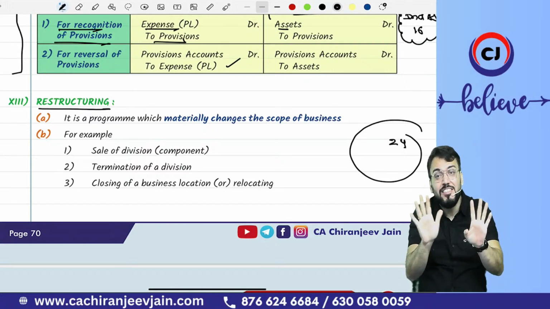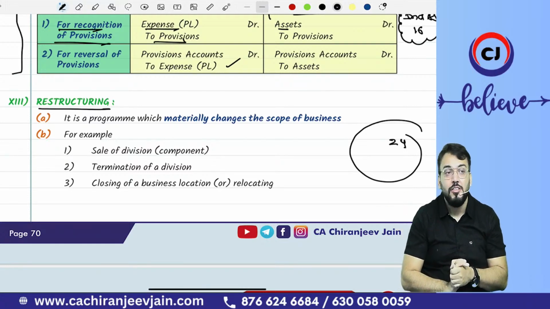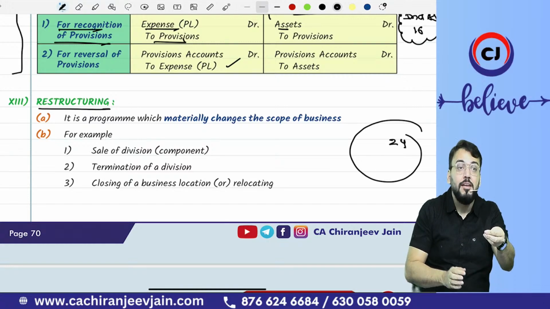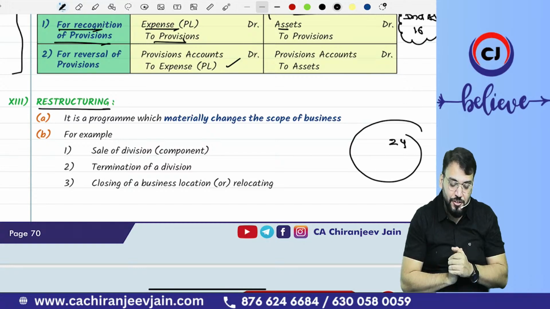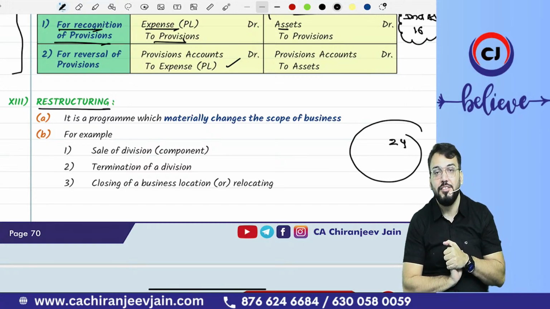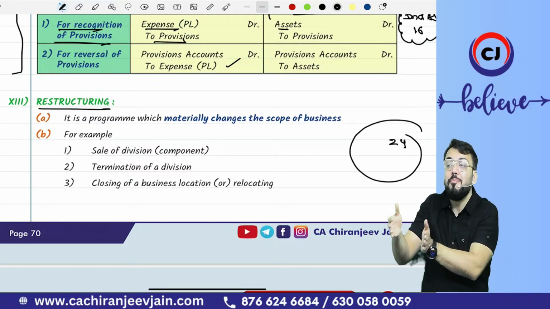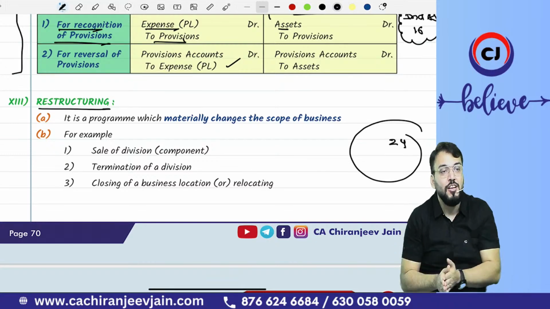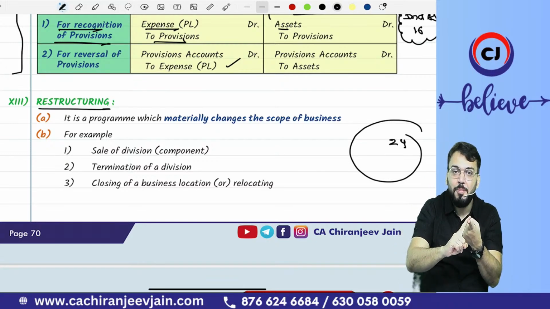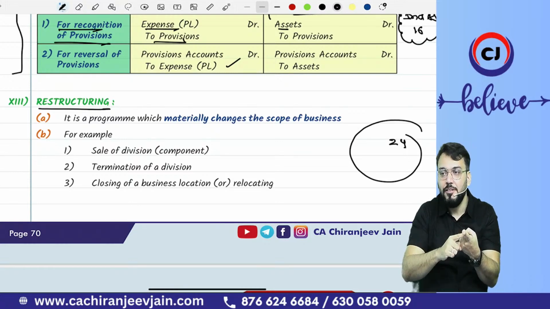Means the going concern is not affected. So any program which materially changes the scope of business. For example, I have decided to sell one of my businesses, not the entire business. For example, it is CA Foundation, CA Inter, CA Final Accounting.